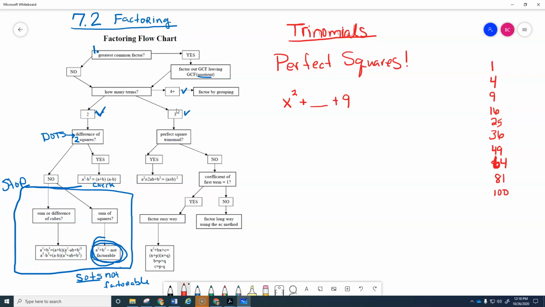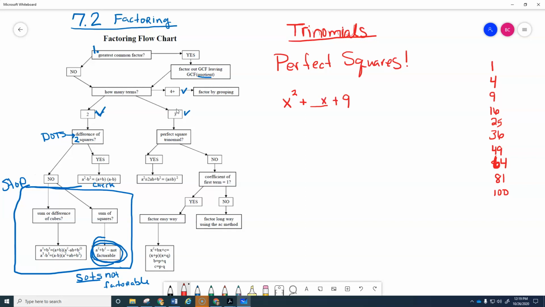So I recognize this is an even number. This is a perfect square. That by itself is not enough. In order to be a perfect square trinomial, this middle term must be the product of the root of this one and the root of that one times 2. The root of x squared is x.